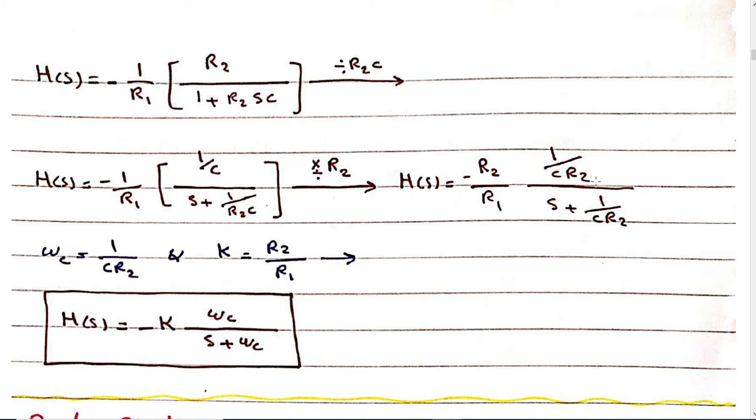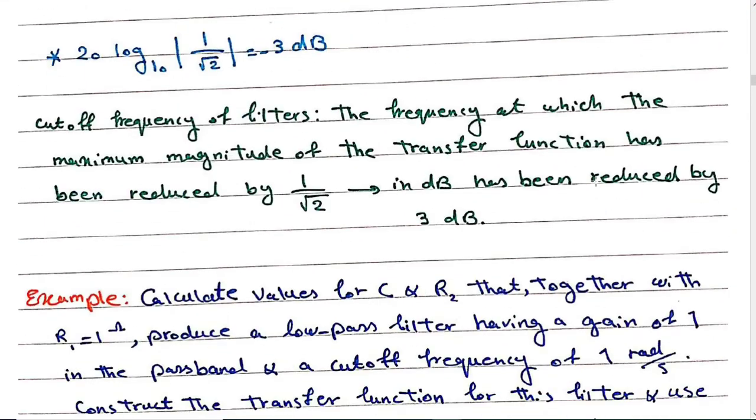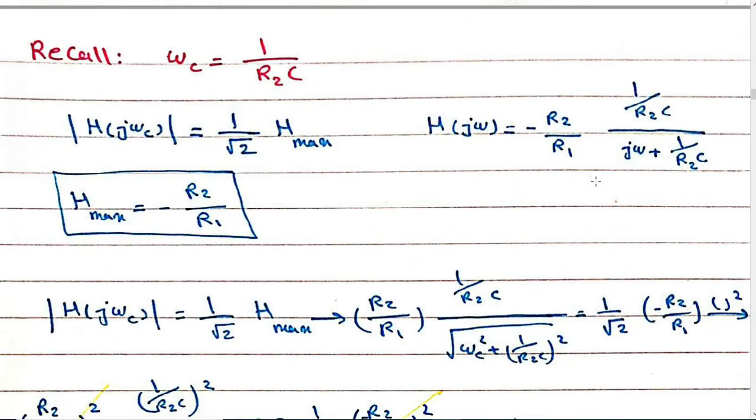Any answers? If you have my notes, go to page number 5. Okay, so we said omega c, the cutoff frequency, is 1 over R2C, and we are going to prove it.